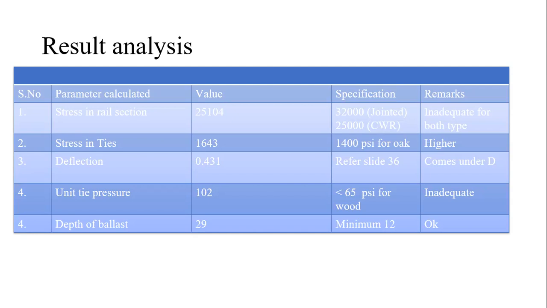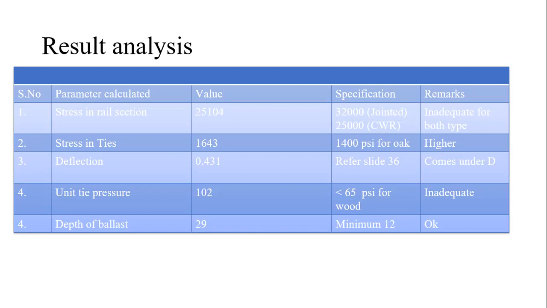If we refer to the slide on 36, we find that it comes under T. That means if we continue with this wooden tie, our section will soon fail.